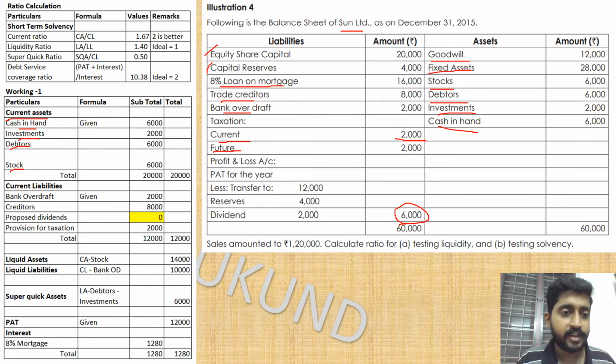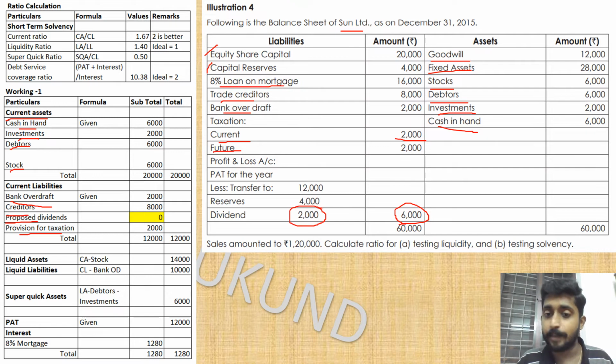Very simple. What is current liability? Bank overdraft, creditors, proposed dividend, provision for taxation. Current year provision for taxation is only 2000. So this 2000 you have to take as current liability. There is no dividend proposed. It is already paid out. It is not sitting in the balance sheet. They have reduced 12,000 minus 4,000 minus 2,000.